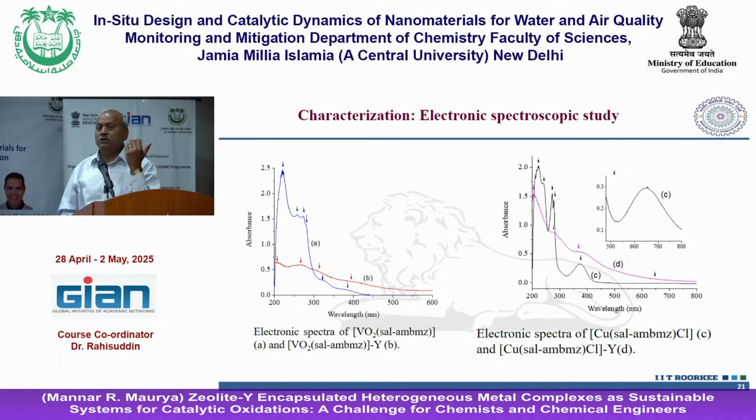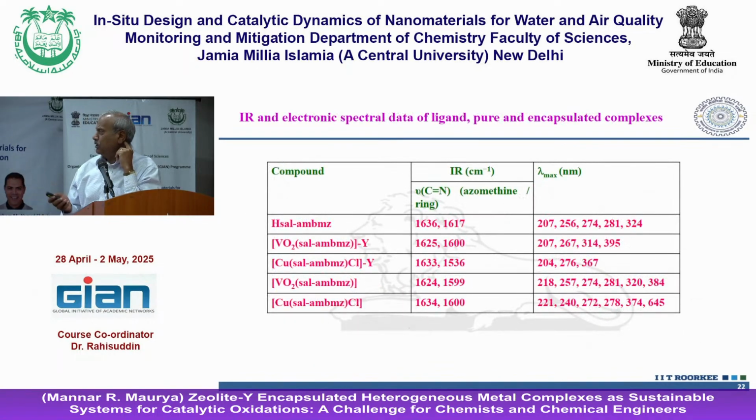If you have a charge transfer band, you should be able to see that. If you have bands due to organic moieties, like n to pi star and pi to pi star transitions, you should be able to see those. And sometimes if you have unpaired electrons, then d-d bands can also be seen. It's very possible. So that can be characterized. IR is listed here and UV-visible is listed. You should be able to see that.